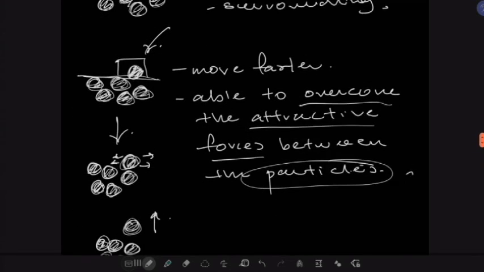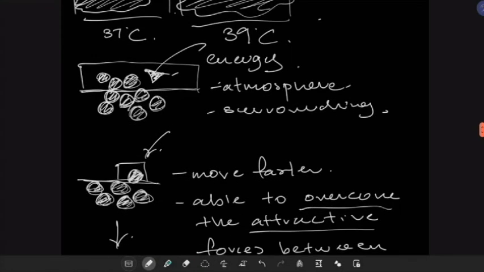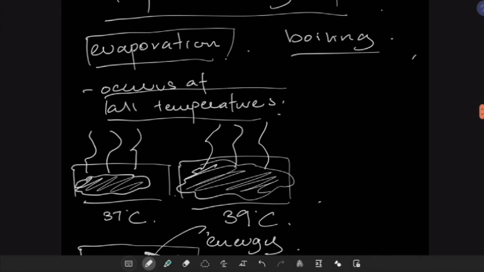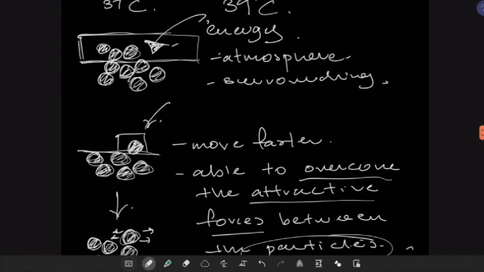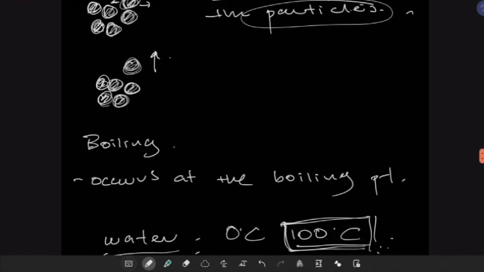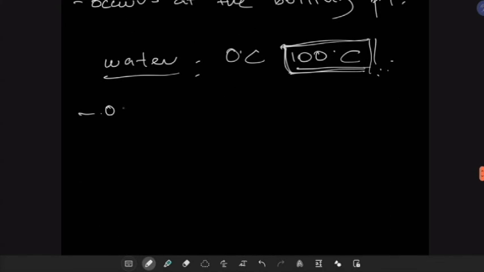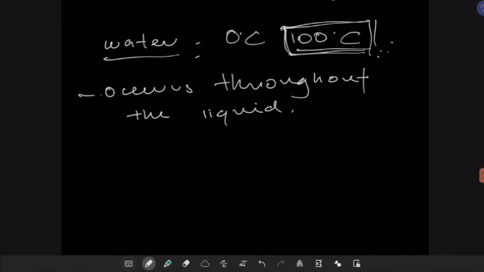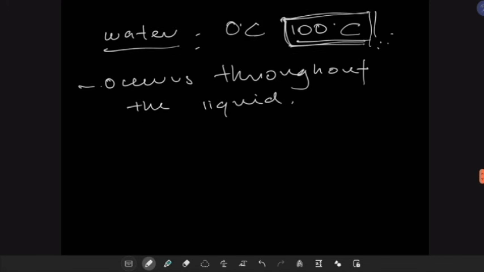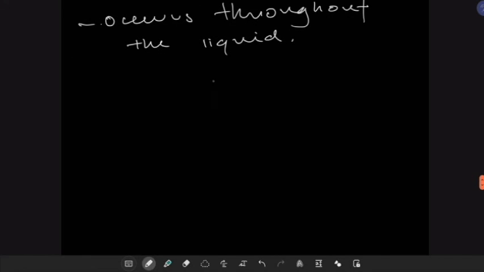And another key difference, as you can see here, there are two differences. There's the range of temperatures that it occurs in, and evaporation occurs at the surface. Boiling occurs throughout the liquid. Of course, the ones that are nearer to the heat source will evaporate first.